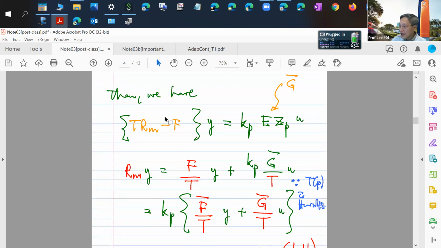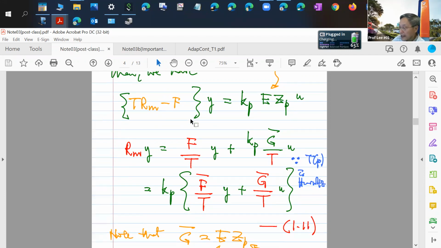Now what I have is (T Rm minus F) operating on y equals Kp E Zp operating on u. Then I collect this together. E is monic of degree n star. Zp is monic of degree m. I can call this a polynomial G of degree G bar. You will see this is of degree n and is monic. Then T Rm as from above, minus F. F is of degree n minus 1, not necessarily monic.